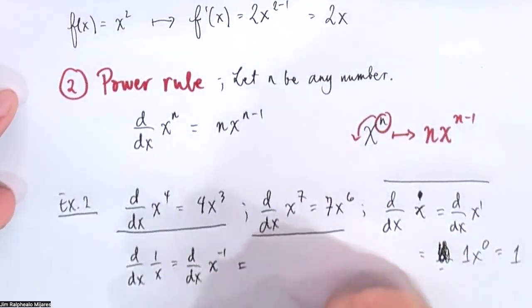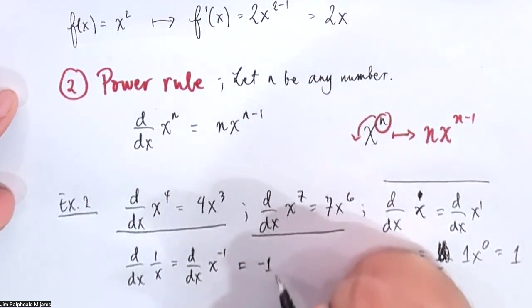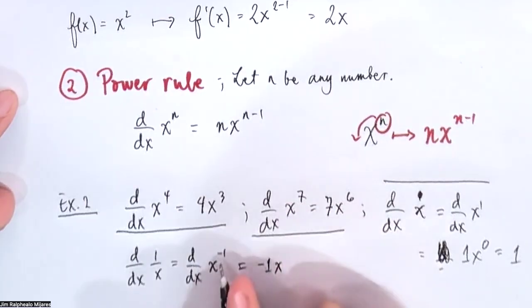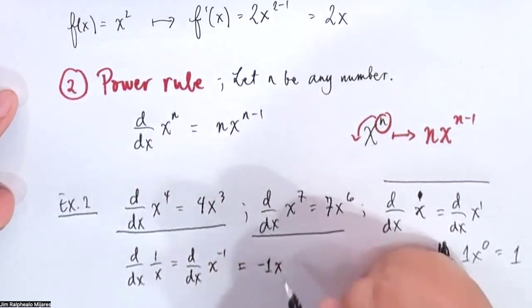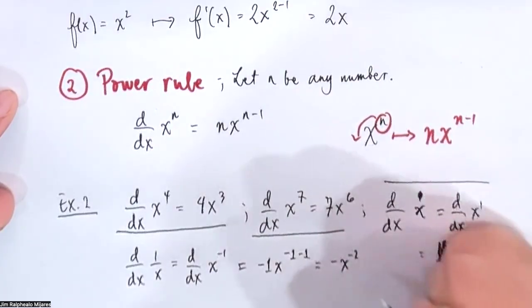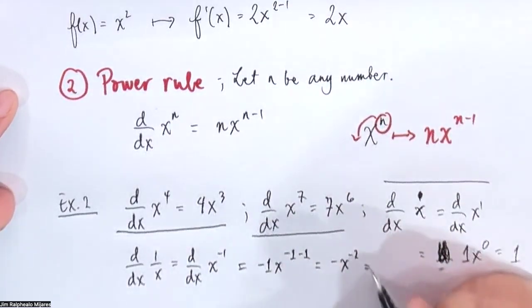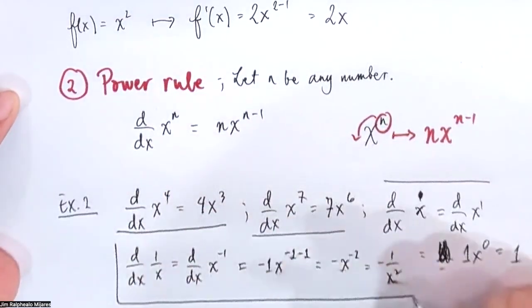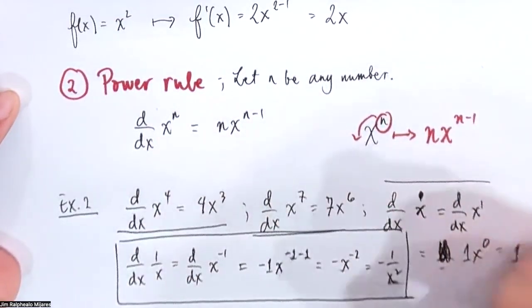And we can then implement the power rule. This becomes negative 1 times x to the negative 1 minus 1. It is negative x to the negative 2. Or negative 1 over x squared. Okay?